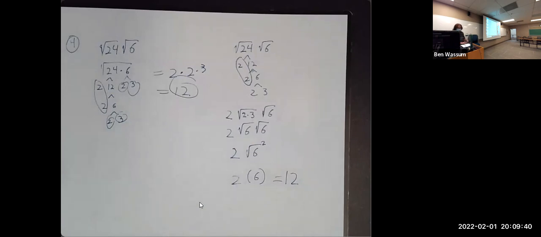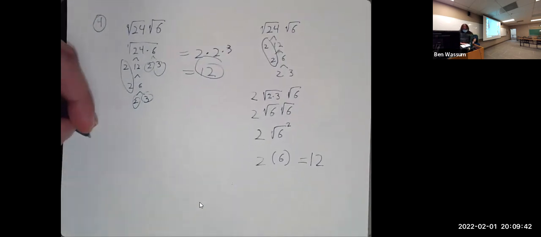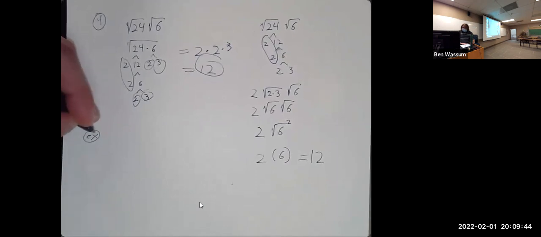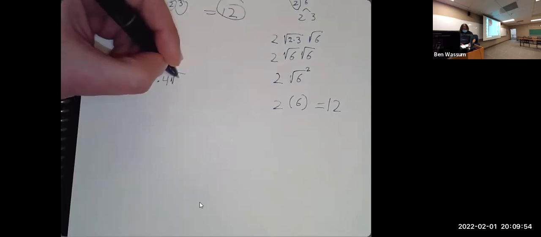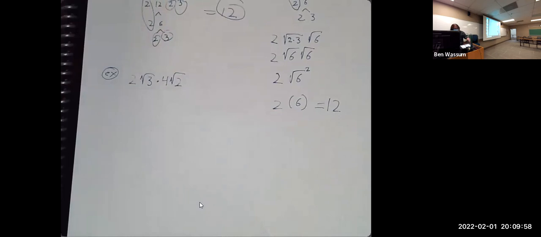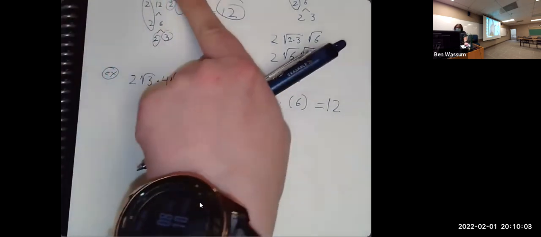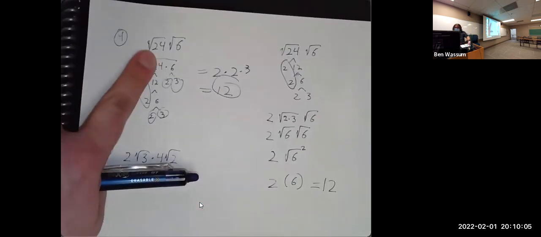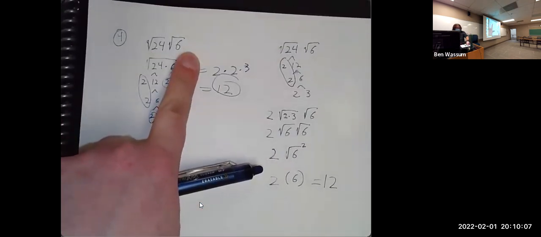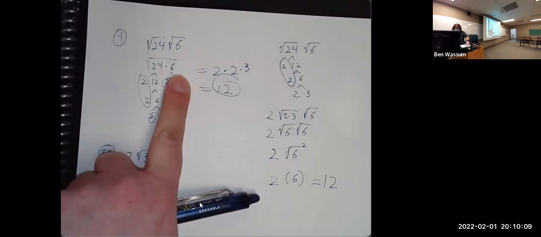One thing I did want to cover, this is a really quick little example here. I don't really know what numbers to do. Really basic, because I showed you that if you multiply stuff together, if you have 2 radicals side by side and they're multiplied, you can multiply the stuff inside together.